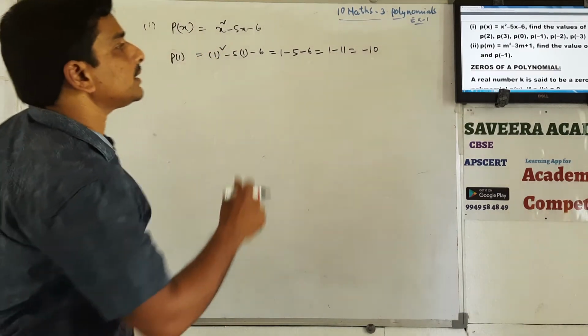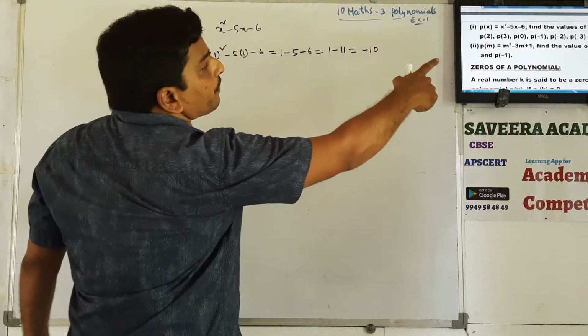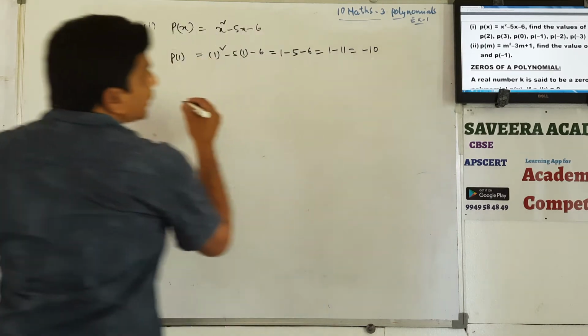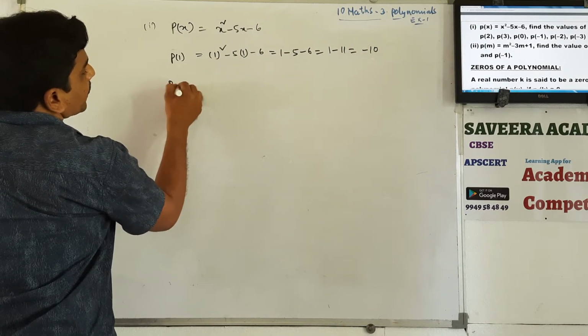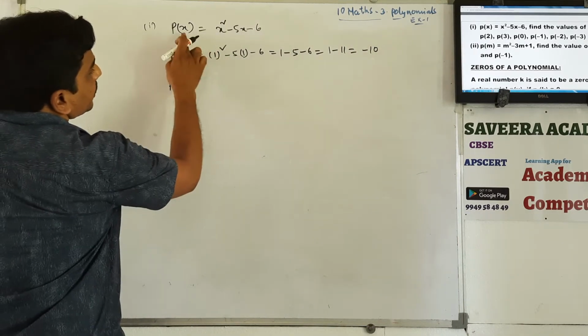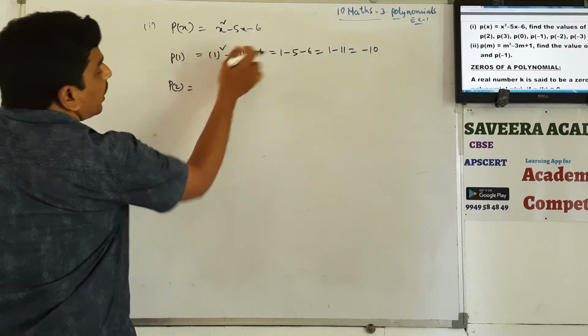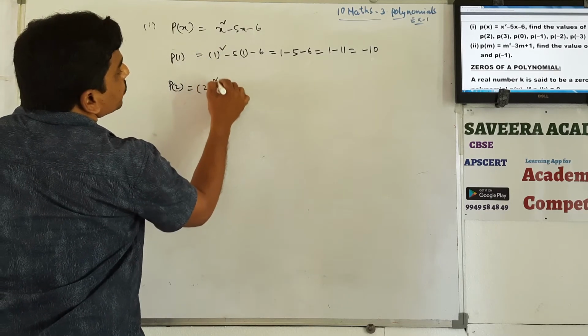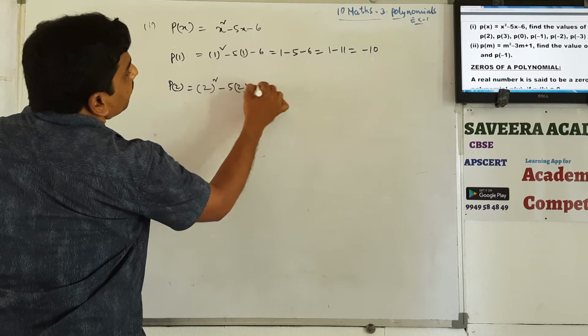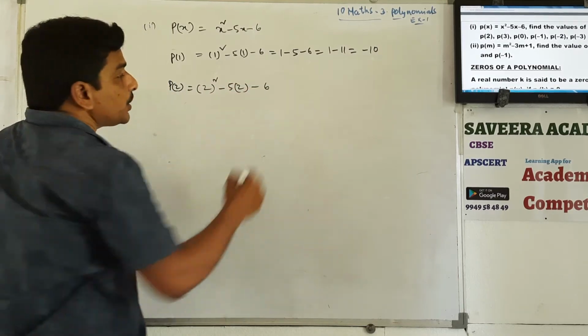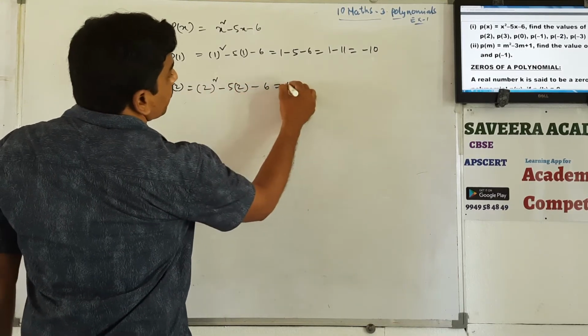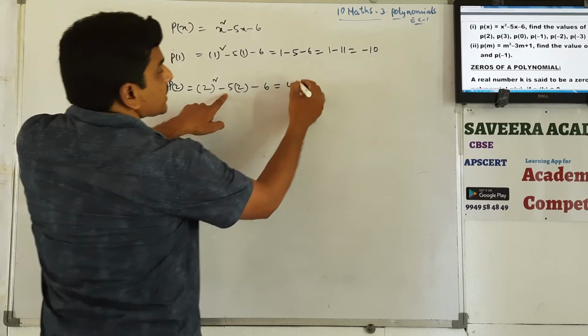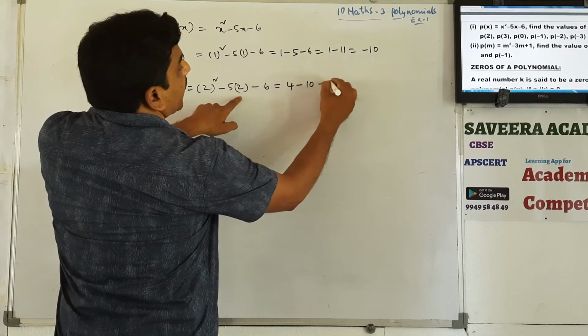Okay. Next, let us find p of 2. Here p of 2 is given. So p of 2 is equal to, instead of x, here we have 2. So on the right side also write down 2. 2 square minus 5 into 2 minus 6. So this is equal to 2 square means 4, minus 5 2s are 10, minus 6.